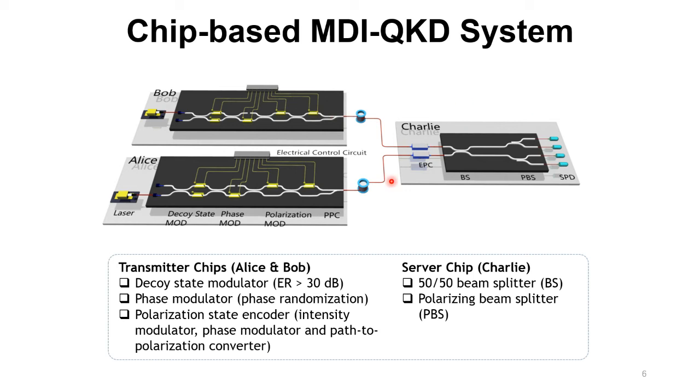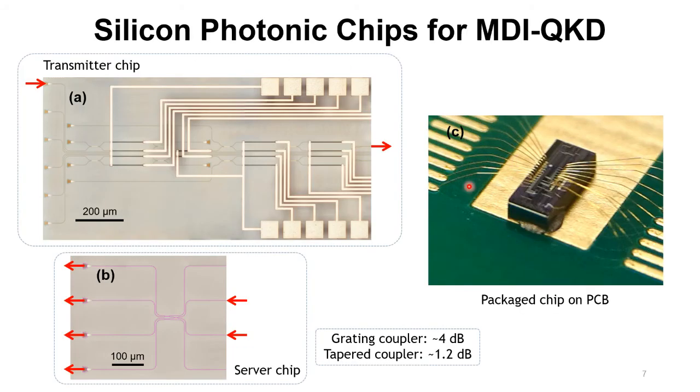In terms of the server chip, we integrate all the passive components, including one 50:50 beam splitter and two polarization beam splitters on the chip. This picture shows the fabricated silicon photonic chips and a chip after packaging. For the transmitter chip, we adopt a grating coupler to couple the coherent pulses generated off-chip.